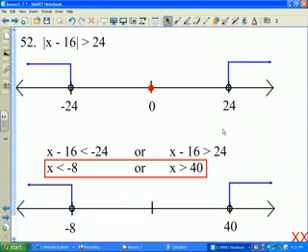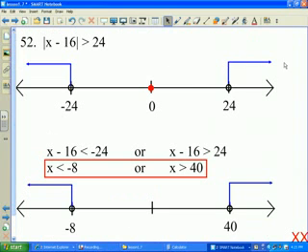The absolute value of x minus 16 is greater than 24. So more than 24 units away from 0 on the number line. Geometrically, positive 24, negative 24, more than 24 units away from 0 would be to the right of positive 24, to the left of negative 24.